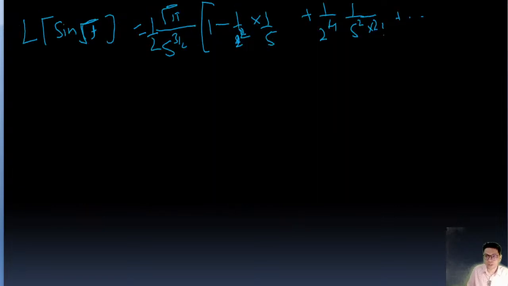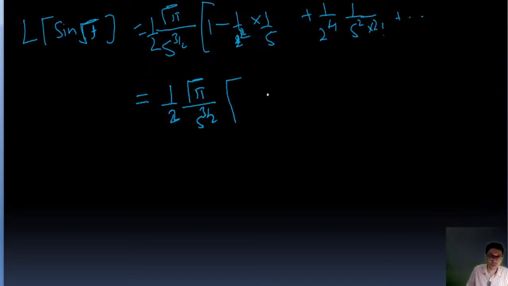So the value is now 1 upon 2 root pi upon s to the power 3 by 2, and this value is going to be e to the power minus 1 upon 4s. If you do that, you will get this value.